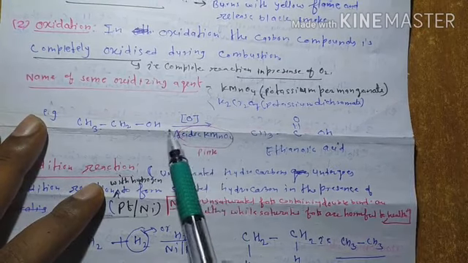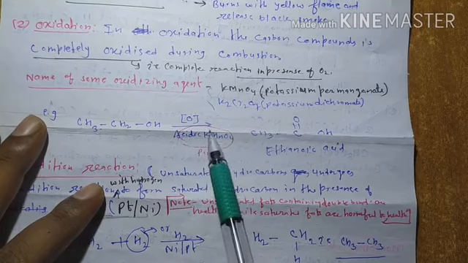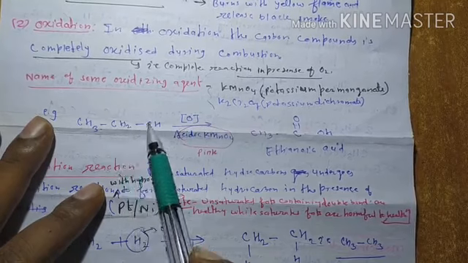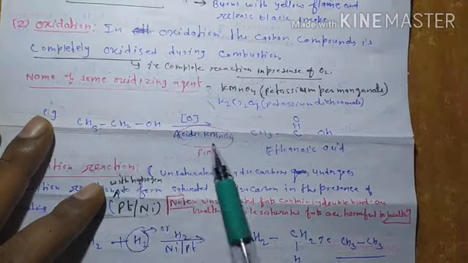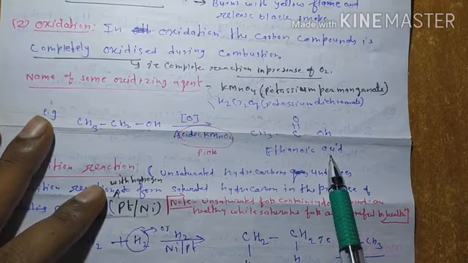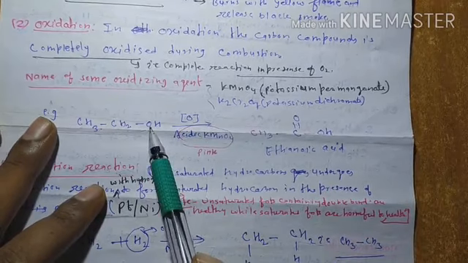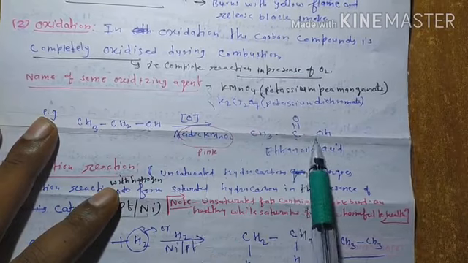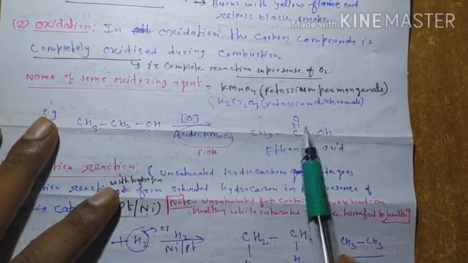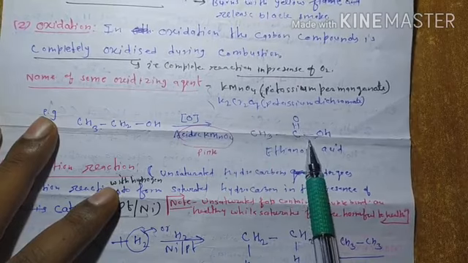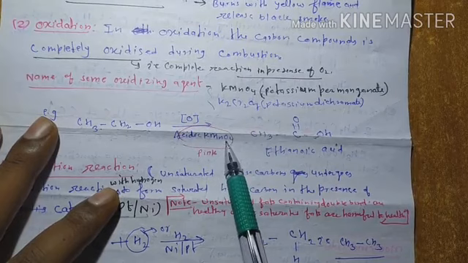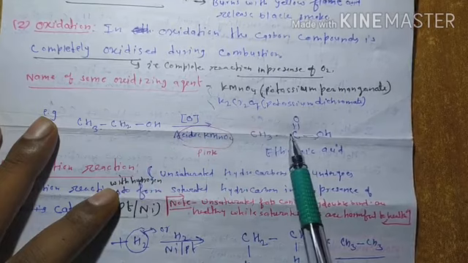And due to this potassium permanganate, this ethanol is converted into ethanoic acid. In this reaction there is only one oxygen in ethanol, but here two oxygens are present. From where did these two oxygens come? Due to the potassium permanganate. So this is converted into ethanoic acid. Okay.